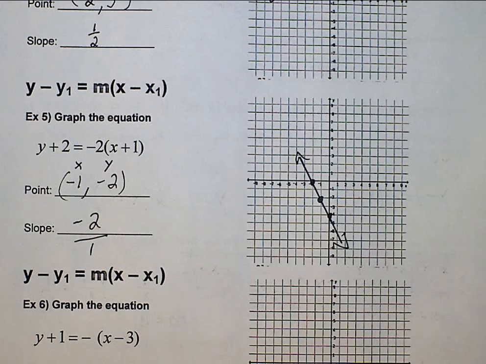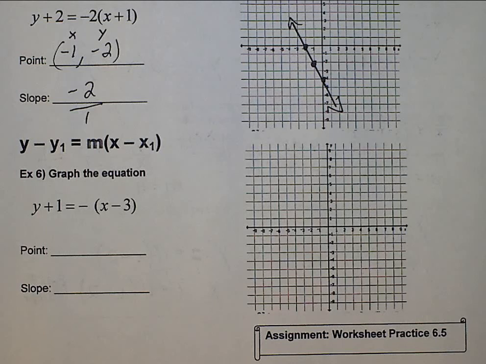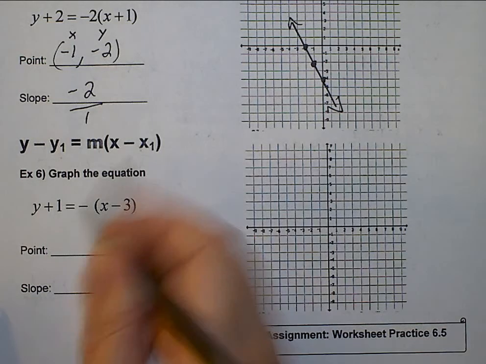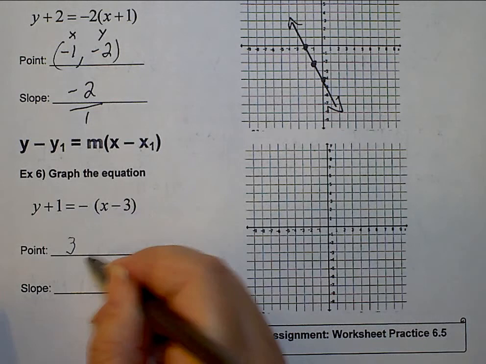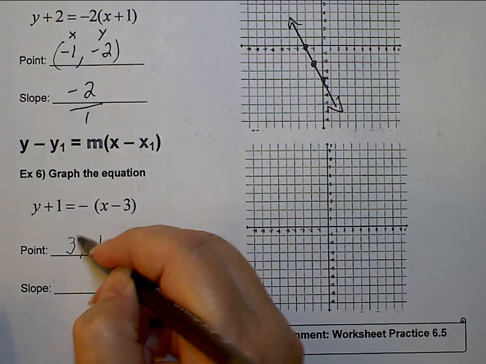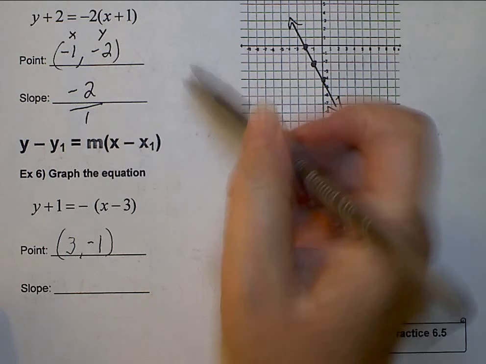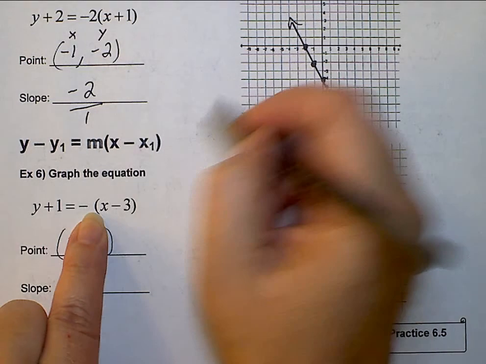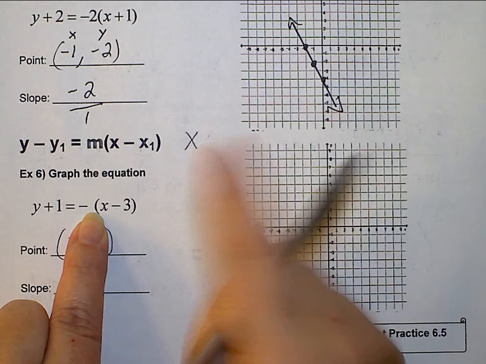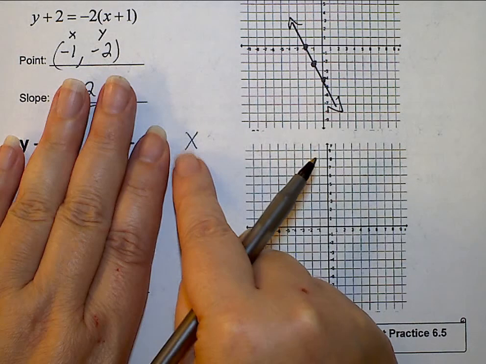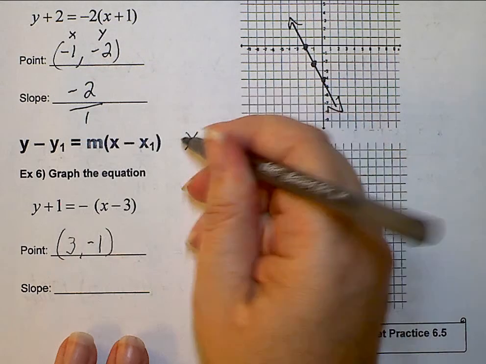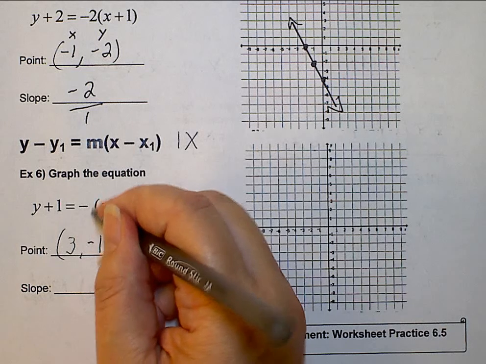Alright, I want everyone to try example 6. Because this is -3, you put 3, and because this is 1, you put -1. Very good. And my slope is -1. If I had just a plain old x, do you know what number is always understood? That's a 1. So it's the same thing here. If there's no number in front of a parenthesis, it is a 1.